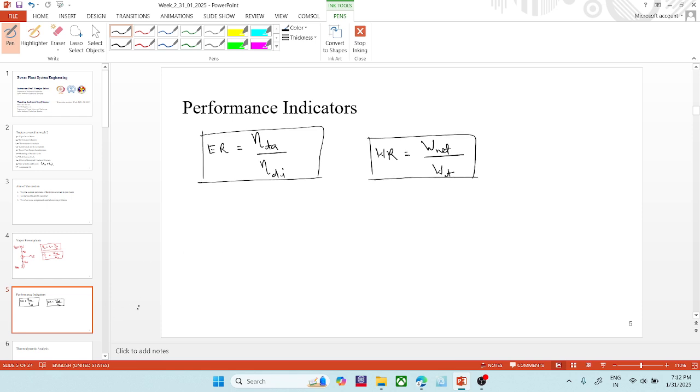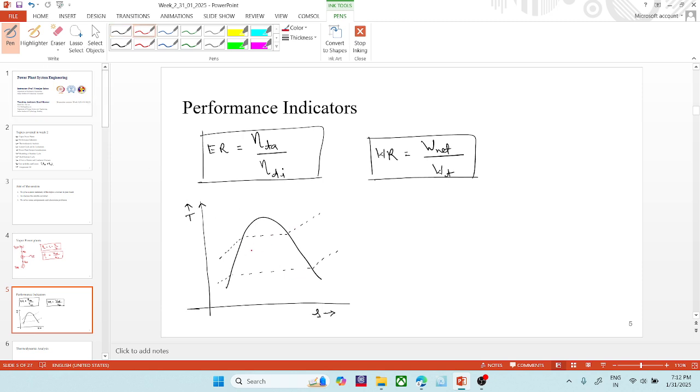Let me take the cycle first. This is the Rankine cycle, and it is between two pressures. Let me draw two pressure lines first. This is temperature and this is entropy.